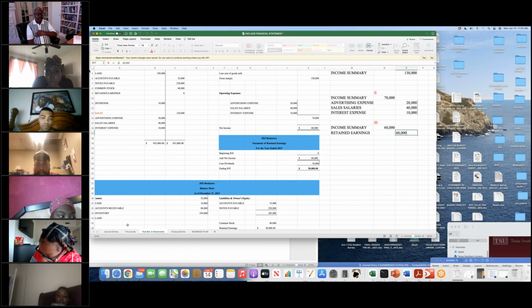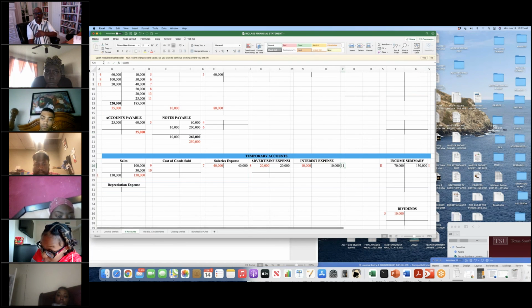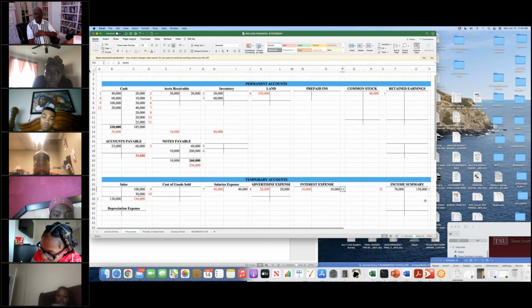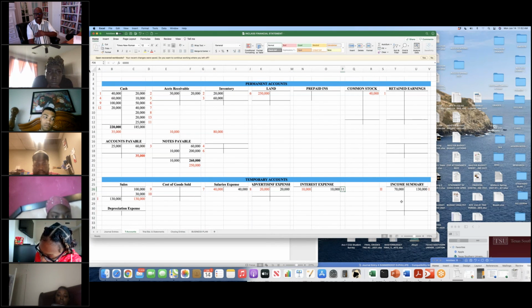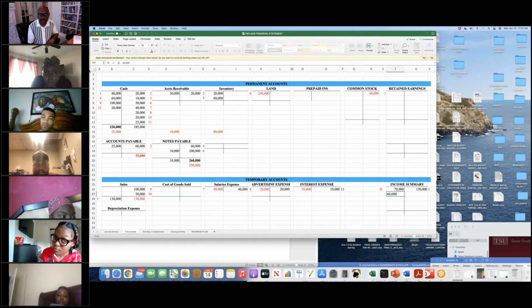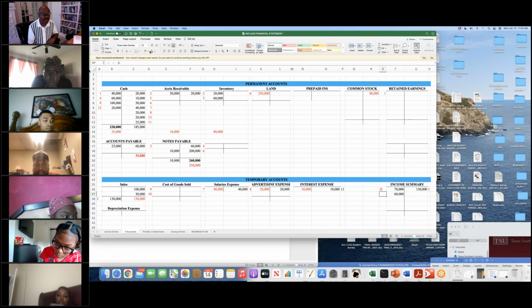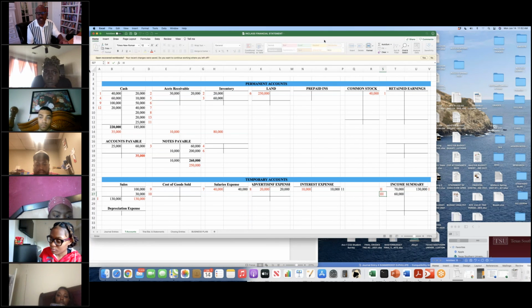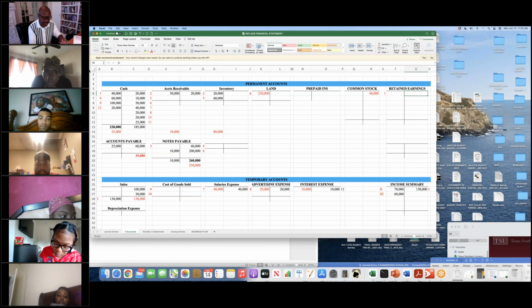So let's go back and post the 60,000 to our T accounts. When we post the 60,000, we're going to debit 60,000. So this is closing entry number 3. And we're going to credit retained earnings for the 60,000.